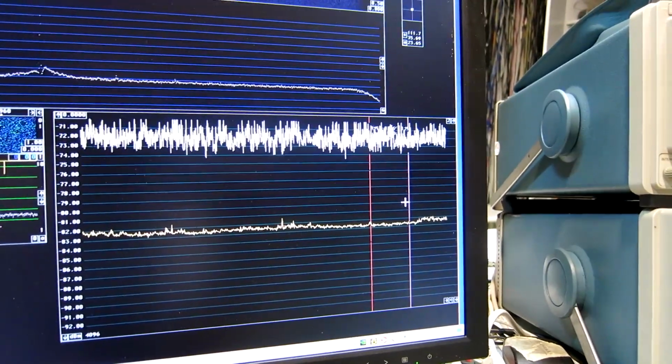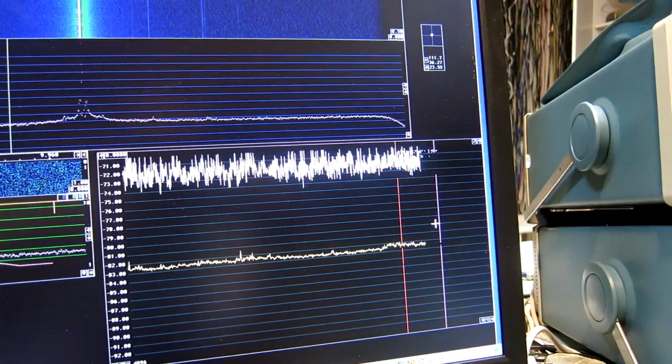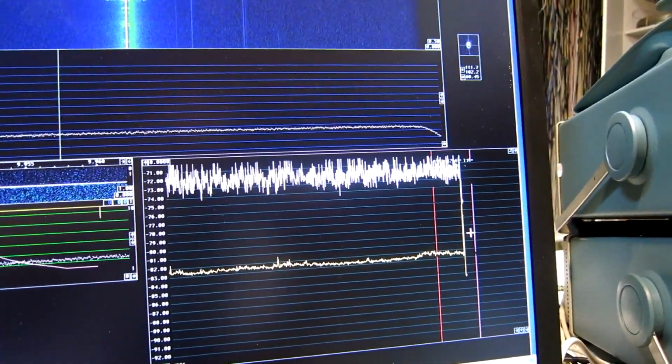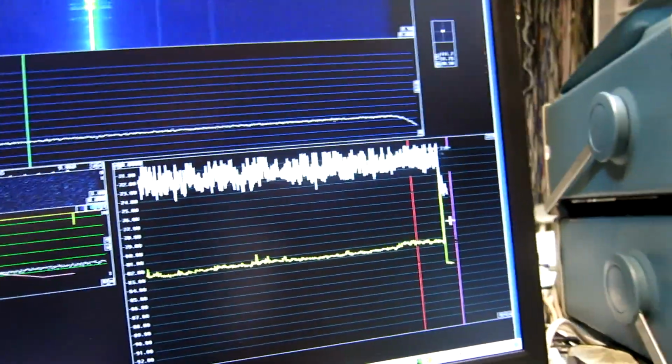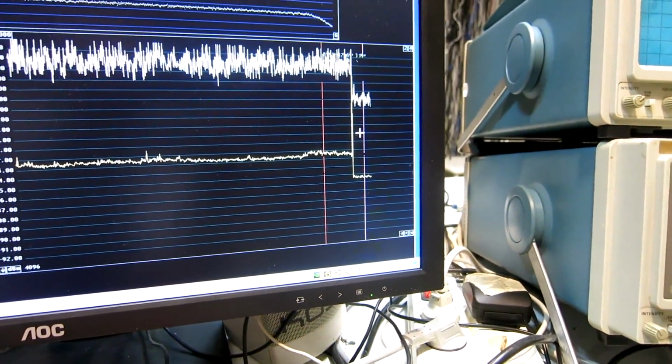If I remove the feedback and put the dummy load on the input, like this, the noise is much lower.